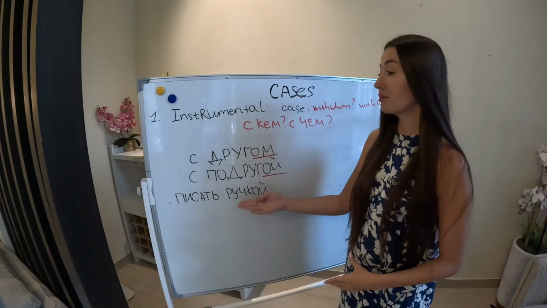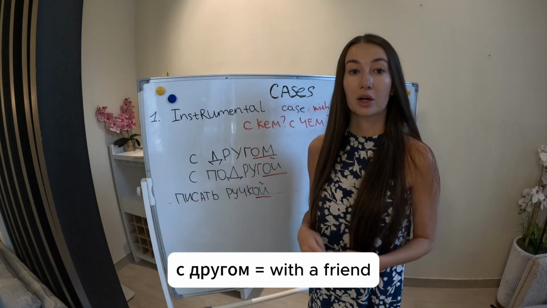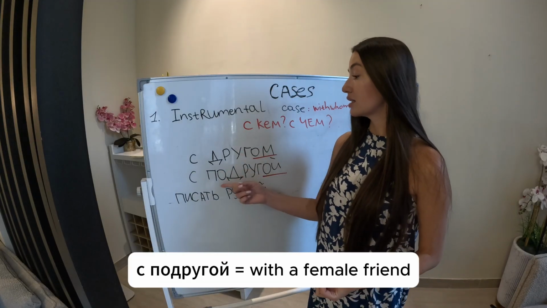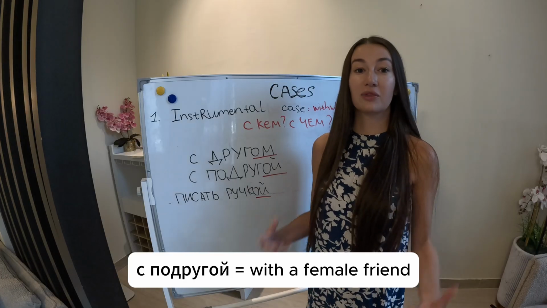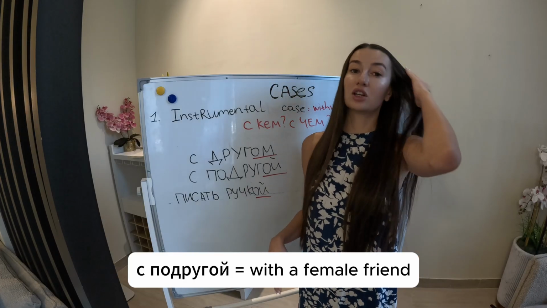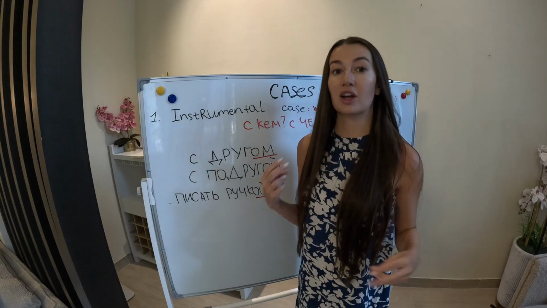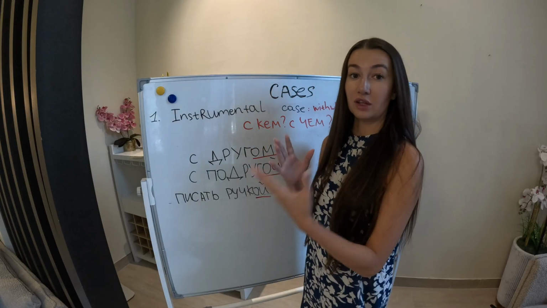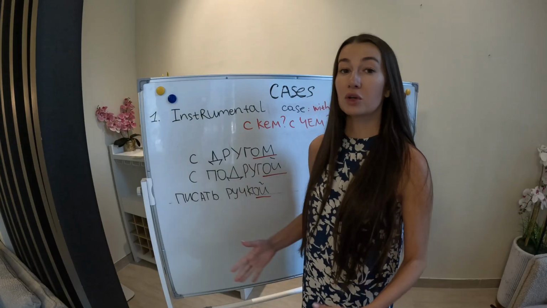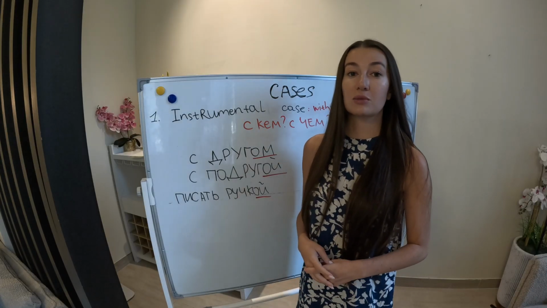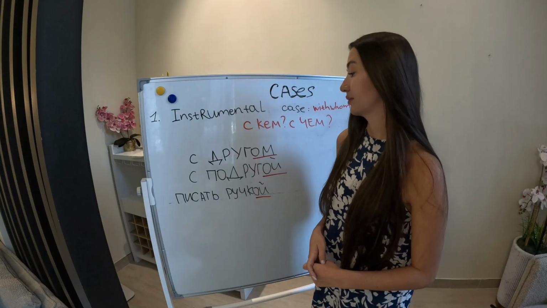So we have example: с другом, with a friend. С подругой, with a female friend. So as you can see, talking about companionship, we usually have our instrumental case word after the preposition with. So if you have a preposition with, most probably after that is going to be instrumental case.